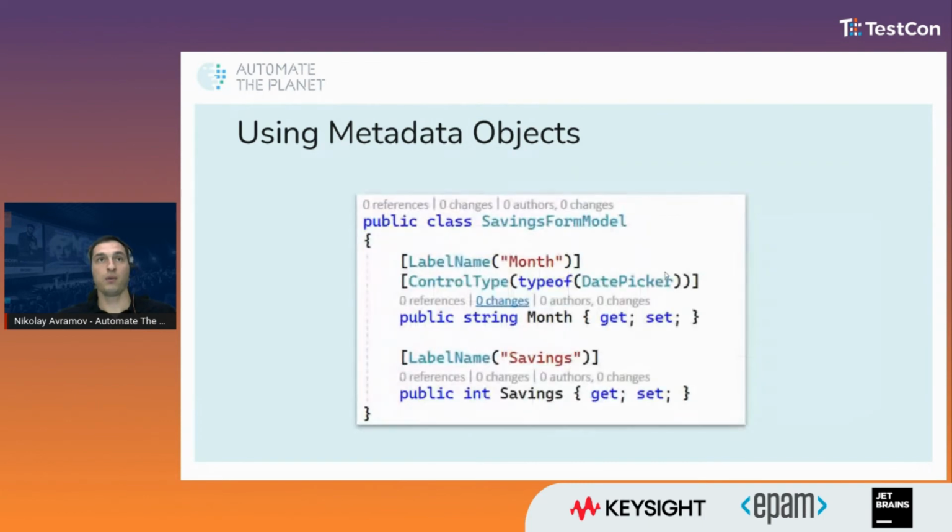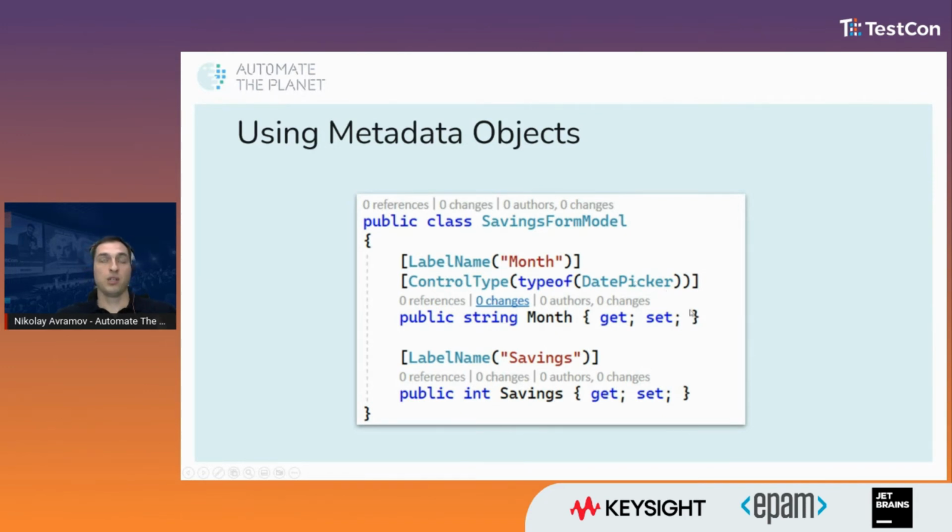Let me show you how. This is a sample class that we use for such a model. The first thing we see is that these are just two properties. They have a return type, which is a string, and in this case, integer. They have a property name, and we have a couple of attributes on top of them.